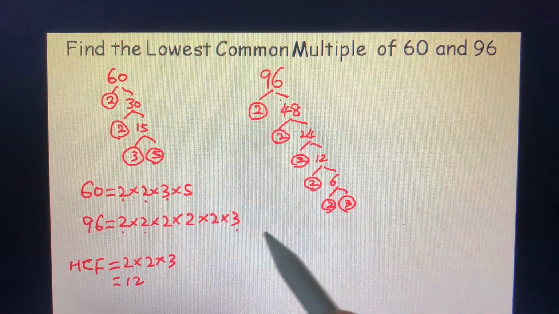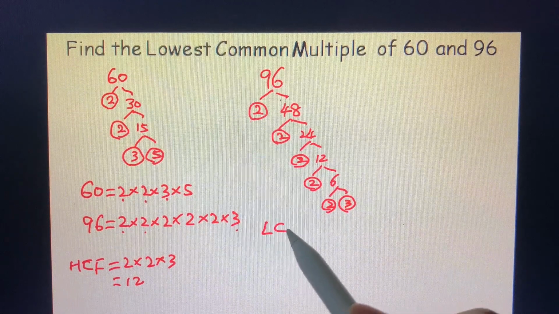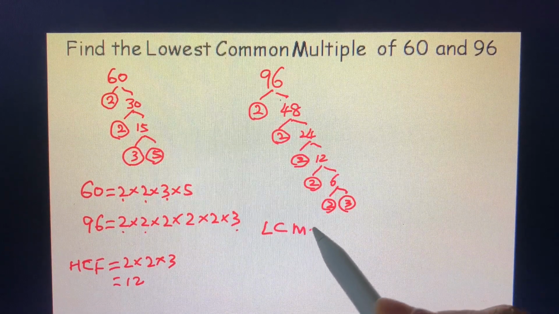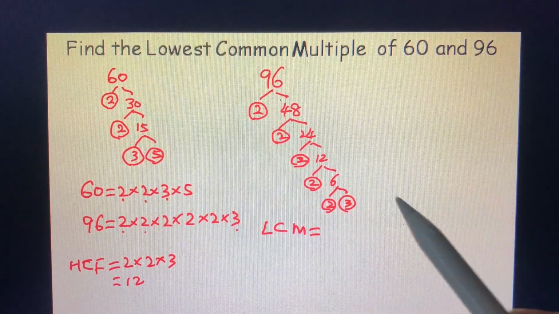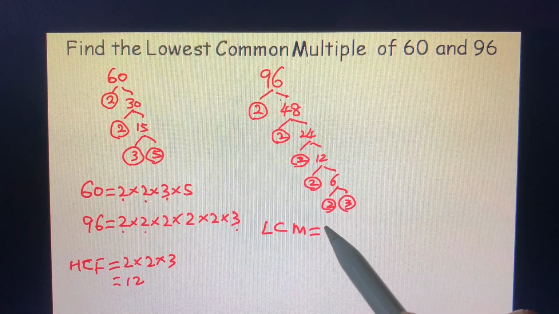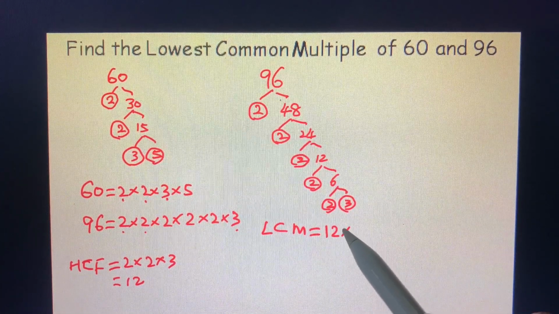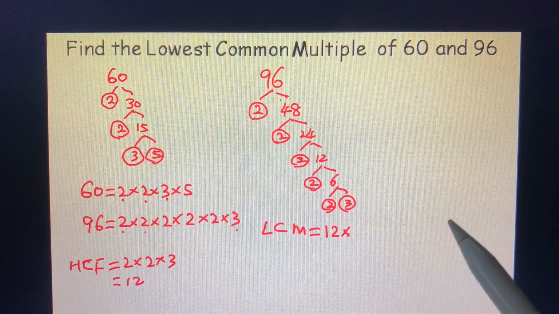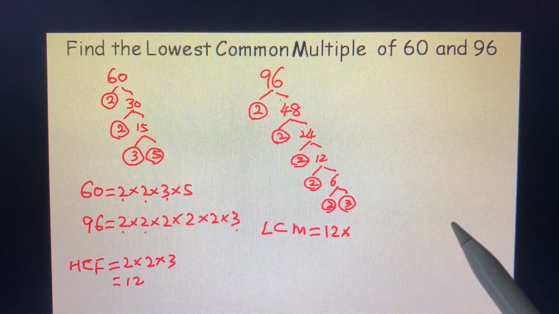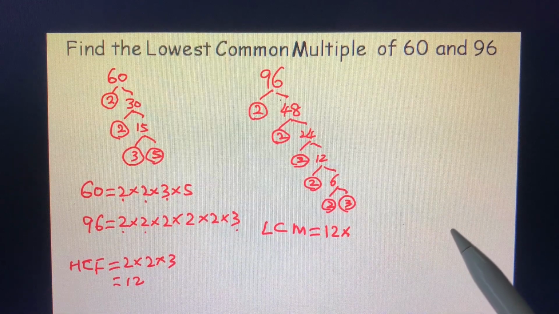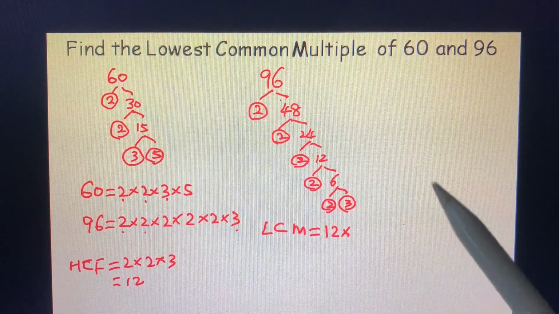To find the lowest common multiple, you need the highest common factor, which is 12, times everything we haven't underlined.